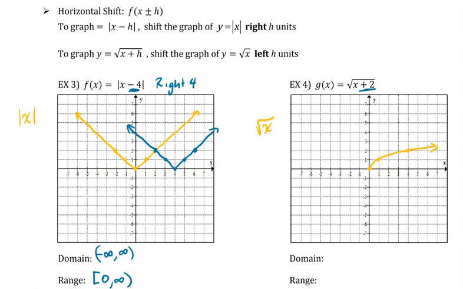This time we have a plus 2. Plus 2 means that we're actually going to move to the left 2. So again, we're going to take these 3 points that we have, and we're going to move them all to the left 2.